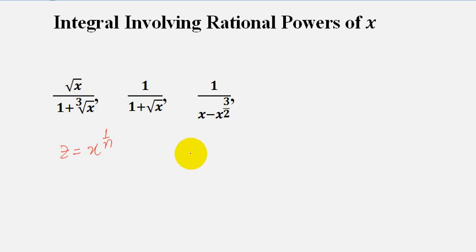Here n is the LCM, means n is least common multiple of denominator of exponents.